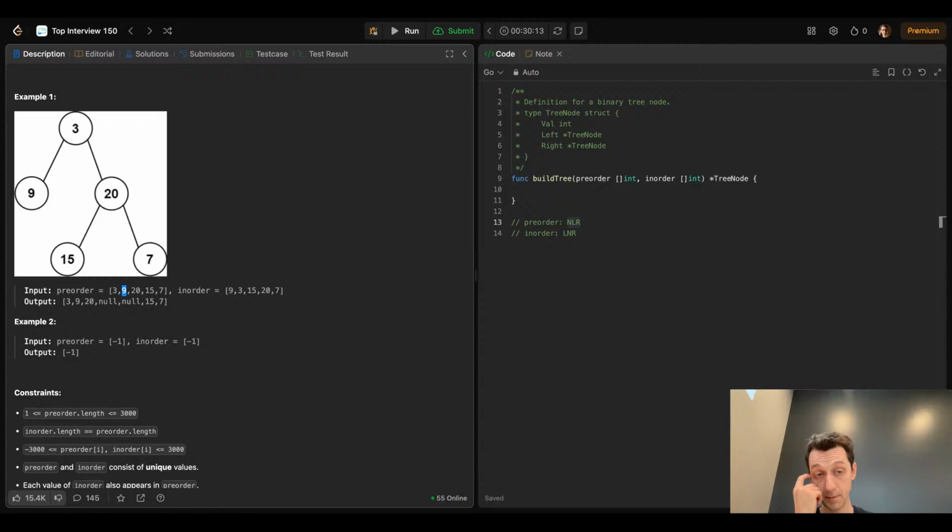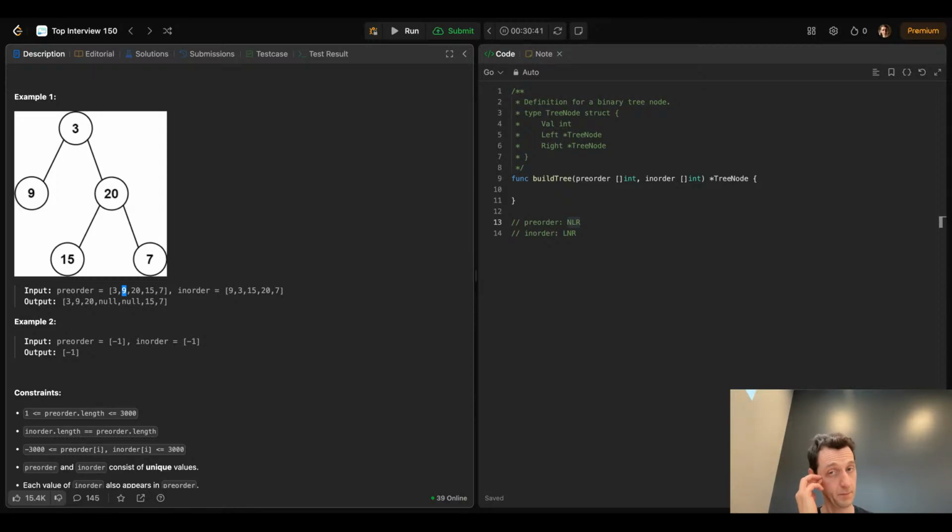But we already know that 9 has to be a child of 3. So it looks like if 9 is standing before 3, that could suggest that 9 is the left child of 3.